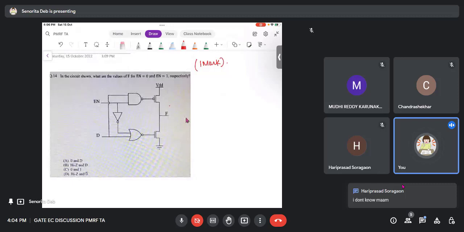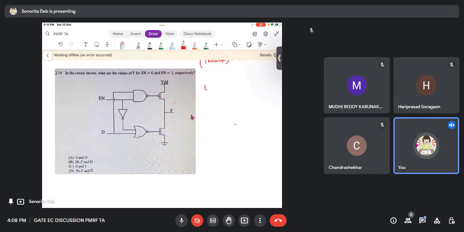So the way you approach the question is that you can write. Okay, I'm writing but it is not coming up. Can you guys see anything like enable is one output? So enable D and F, right?